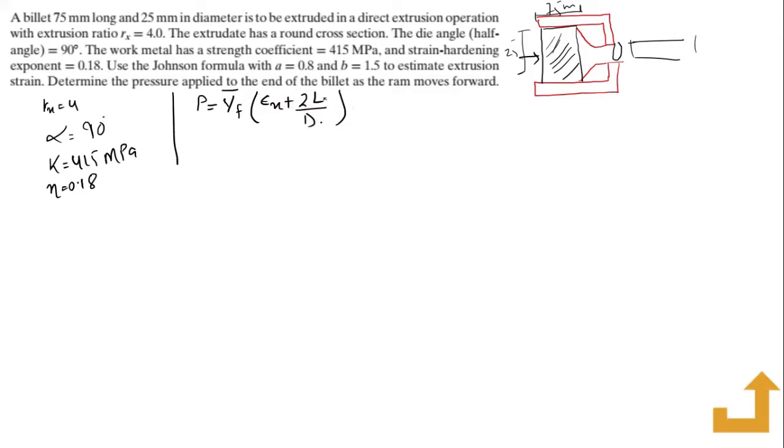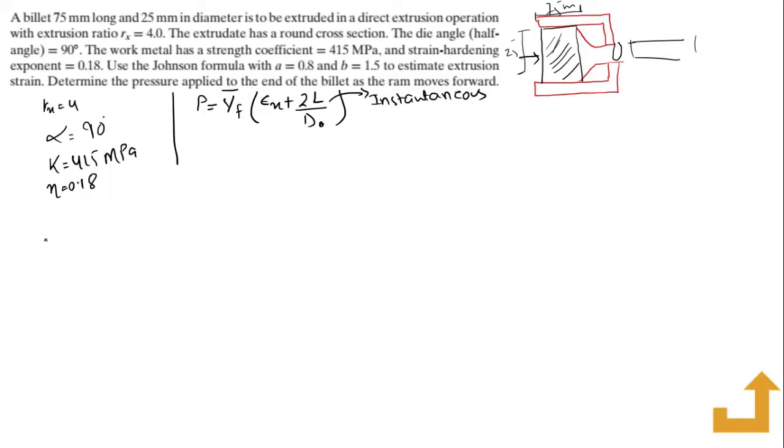So this L is the length at any instant, and we have the D naught, that is the initial diameter of the billet. So that is the total pressure that is applied in the direct extrusion. So let's start with it.